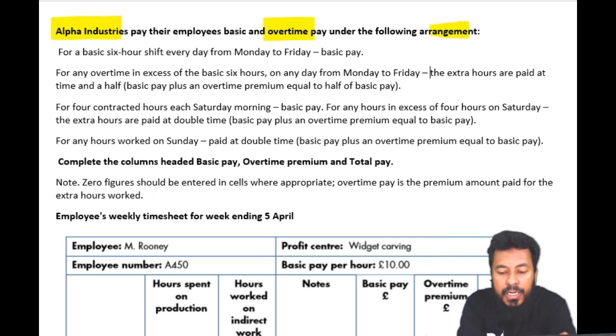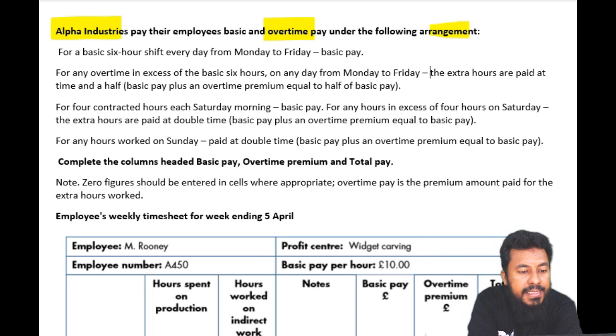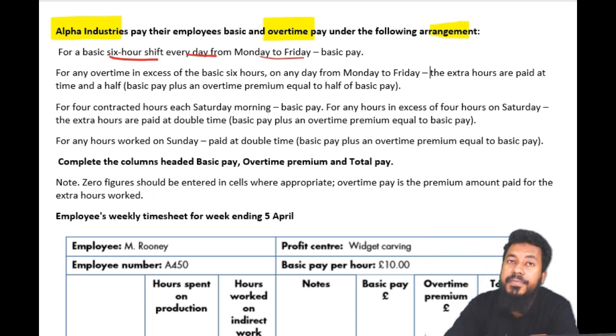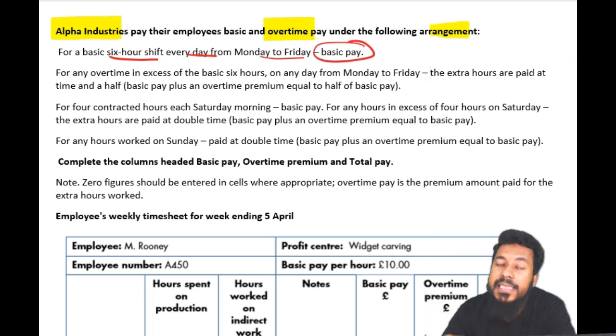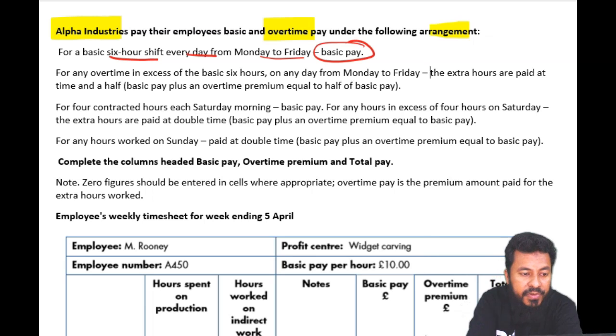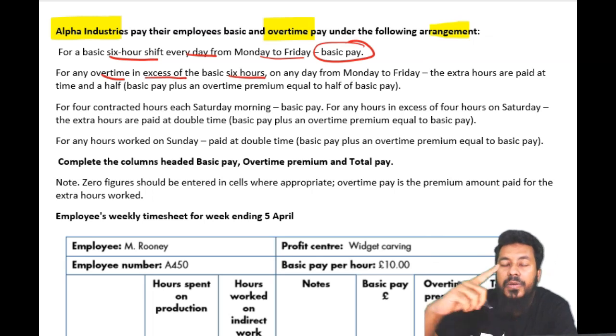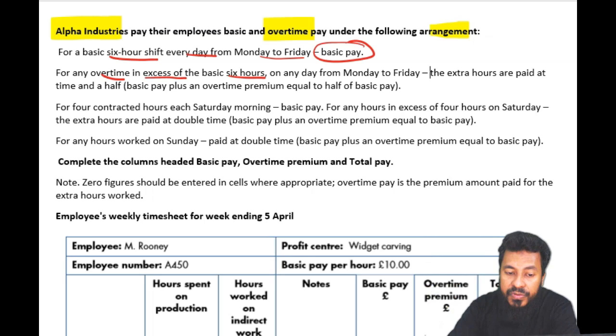For a basic 6-hour shift every day, Monday to Friday, they pay basic pay. That's their normal shift. Overtime is paid in excess of the basic 6 hours, so if they work more than 6 hours, they get an overtime payment.